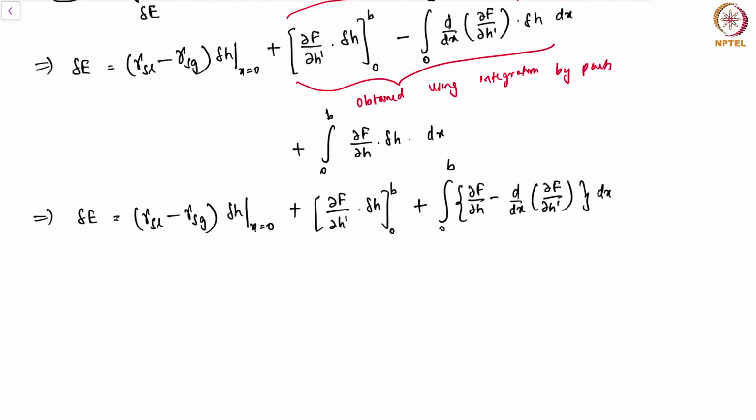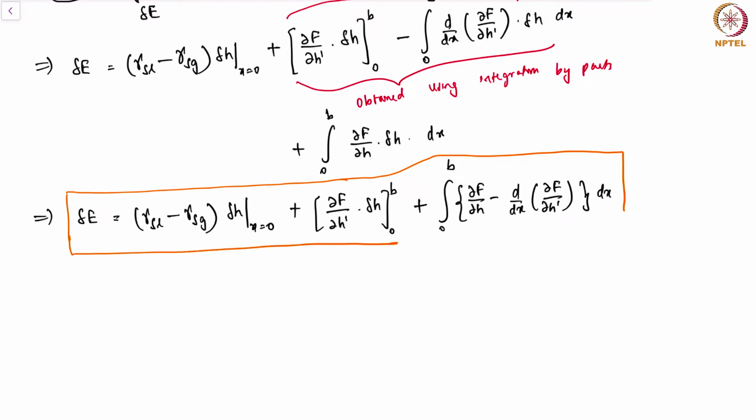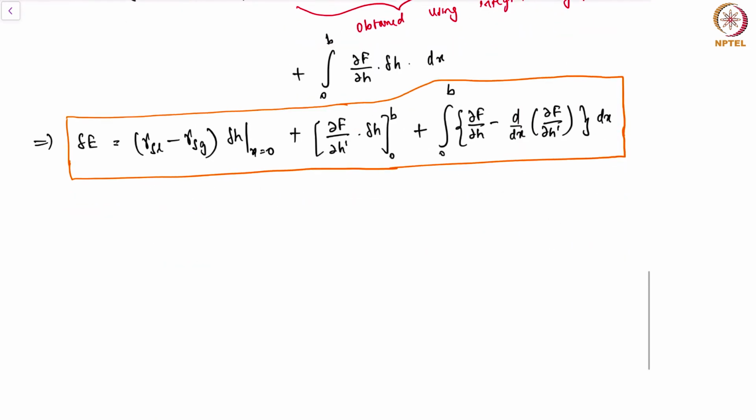Okay. So now we have this expression for the variation of the energy when I look at variations of the interface shape. We will call this equation 6.